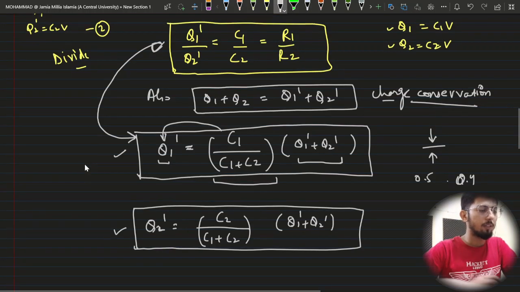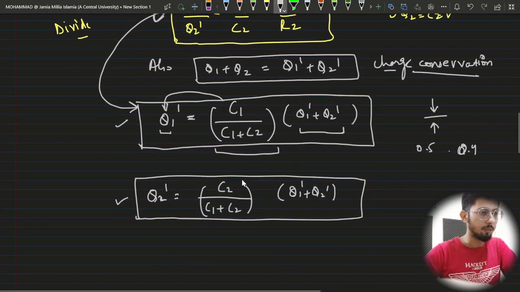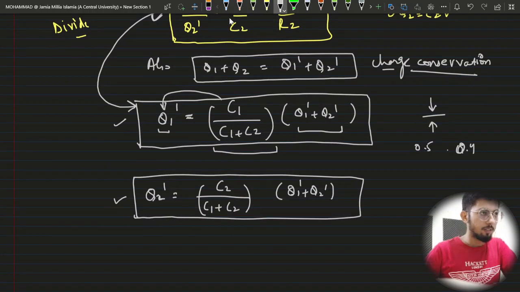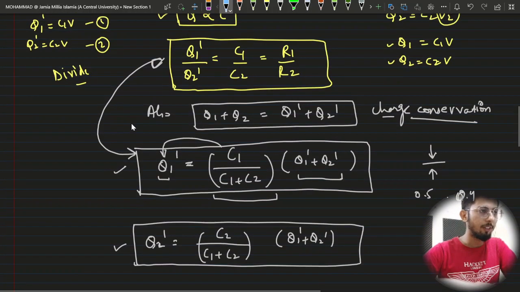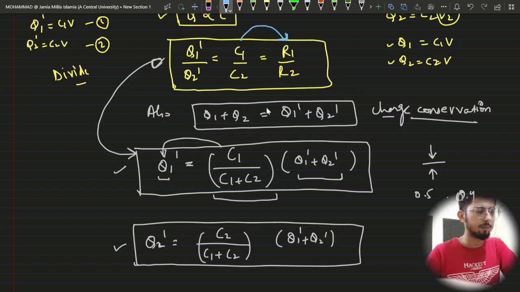Now this can further be written in the form of radii also, if we don't know the individual capacitance values. How? You just need to replace C1 and C2 by R1 and R2. That's it, because C1 and C2 themselves are proportional to R1 and R2, which further gives R1 upon R2.